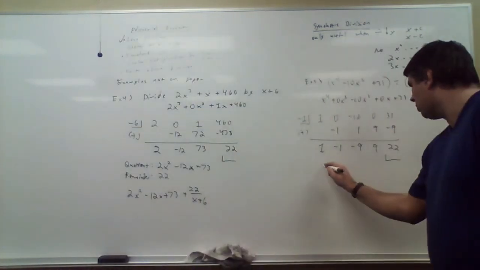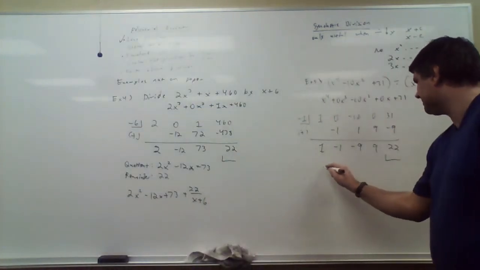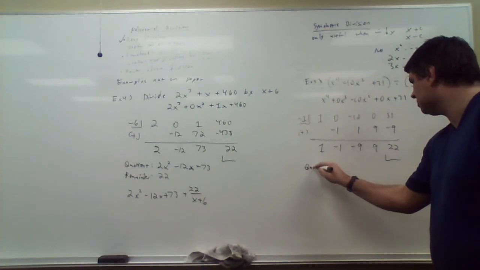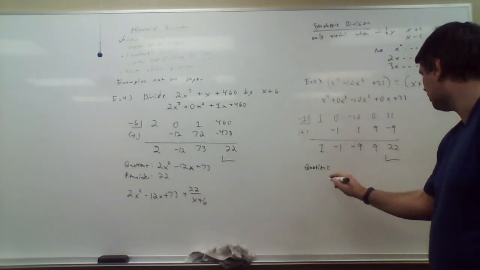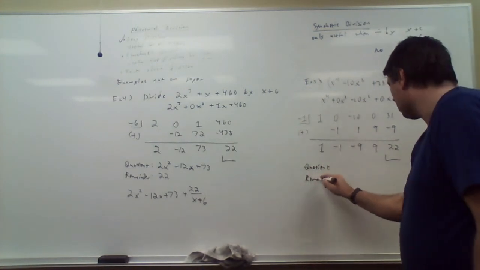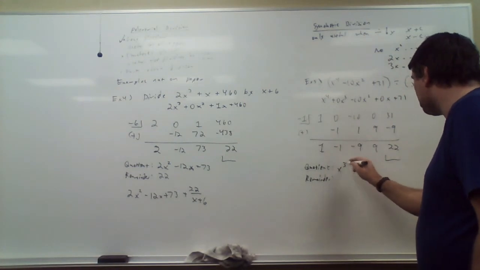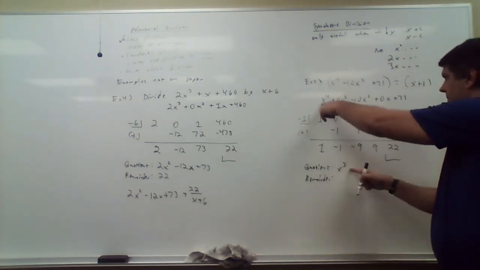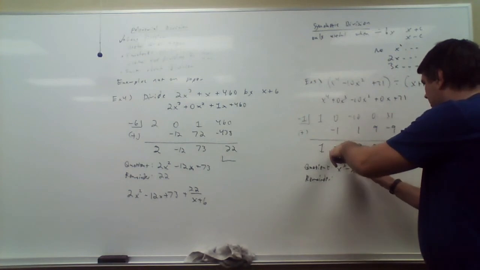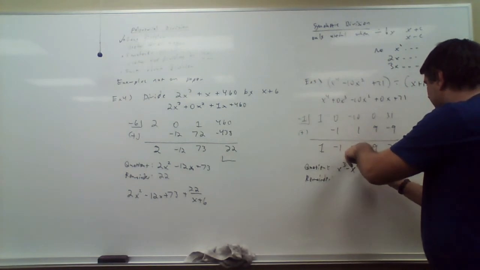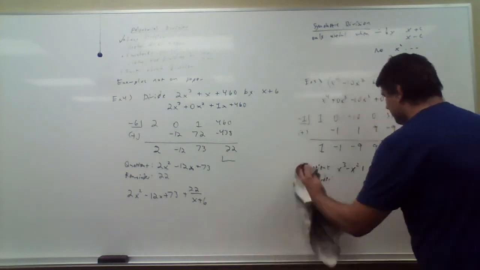So it's quotient, remainder. That's 1x to the 4, x cubed, minus 1x squared, plus minus 9x. Let me move this over.